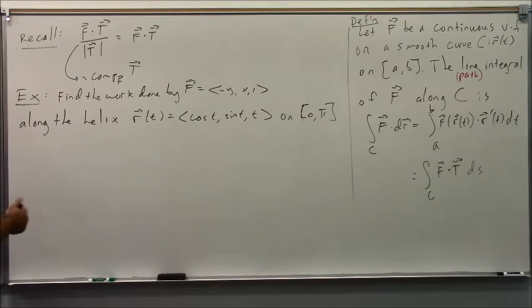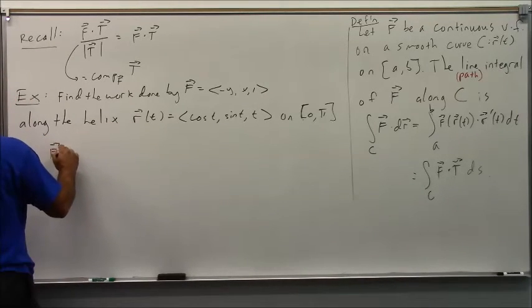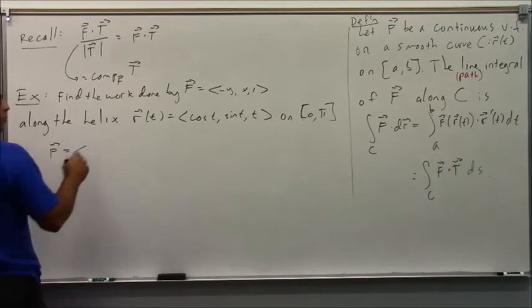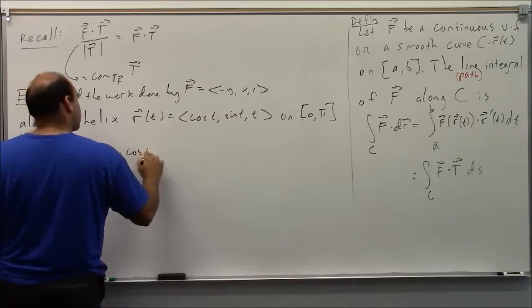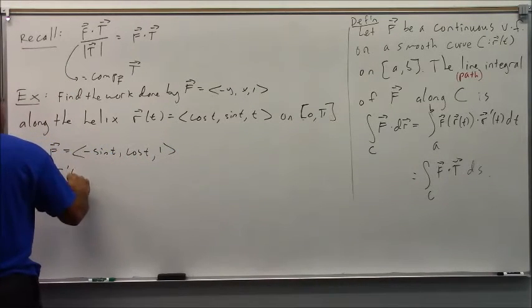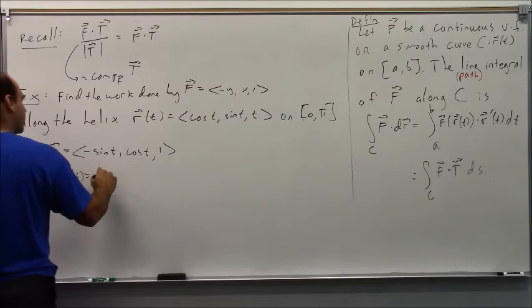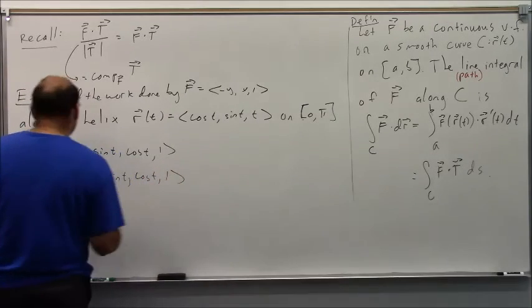Okay, this turns out to not be hard to do at all. F on that helix will be negative sine t, comma cosine t, comma 1. And r prime of t will be negative sine t, cosine t, 1.